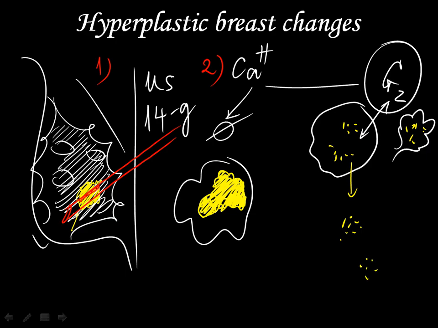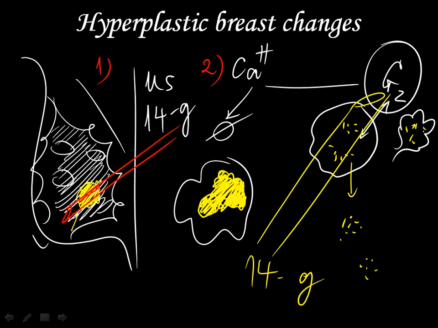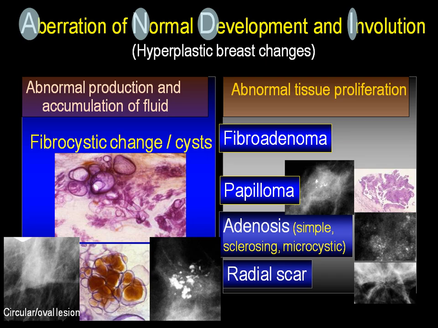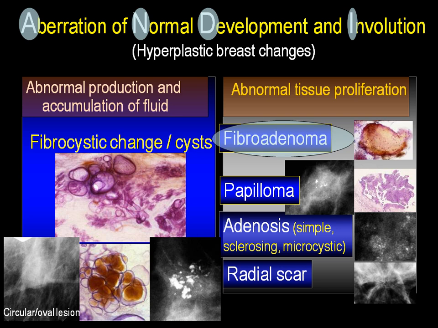But once again, this should not cause a very big problem today when we have the ultrasound examination and the 14-gauge core biopsy. Hand-eye coordination provides a sufficient amount of tissue for the pathologist to establish the final histologic diagnosis, demonstrating the place of the fibroadenoma among all the hyperplastic breast changes.